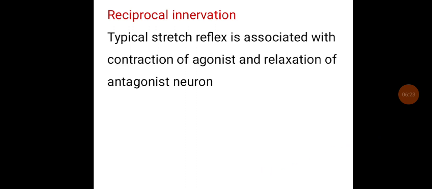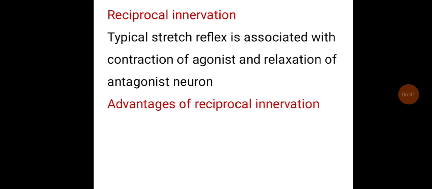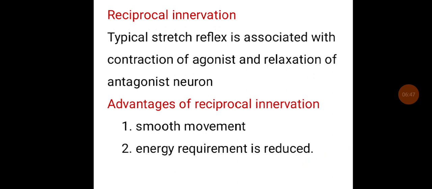A bisynaptic reflex, one example of which is reciprocal innervation. Typically, the stretch reflex is associated with contraction of the agonist and relaxation of the antagonist, which is called reciprocal innervation. The advantage of reciprocal innervation is that it leads to smooth movement of the limb and reduces the energy requirement.